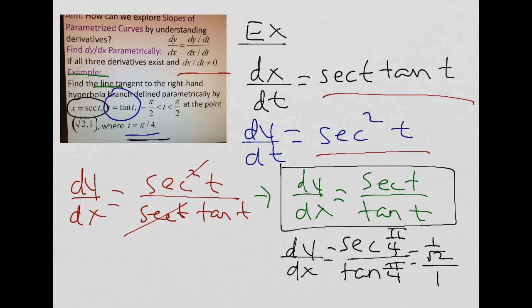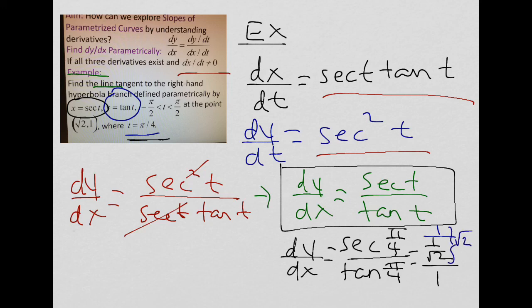And so I apologize. Like I said, secant is 1 over radical 2. So let me fix this. Okay, so this ends up being radical 2 over 1 right here.